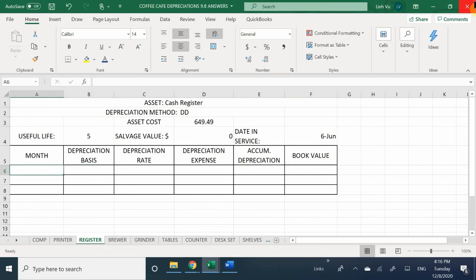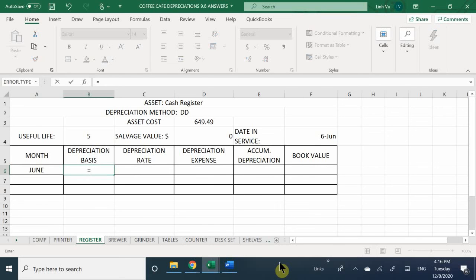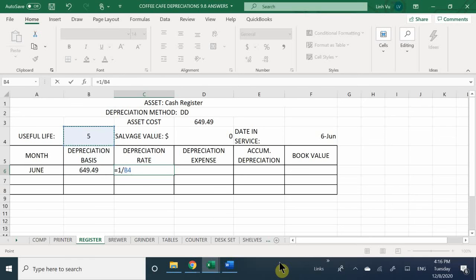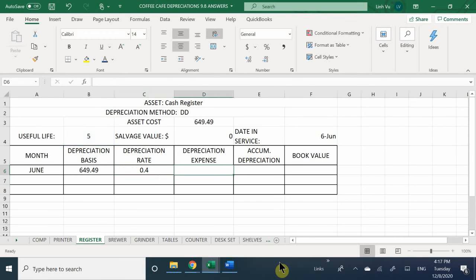So we are going to place it in the month of June. Depreciation basis is the $649.49. The rate is going to be 40%: 1 divided by 5 times 2, 40%.